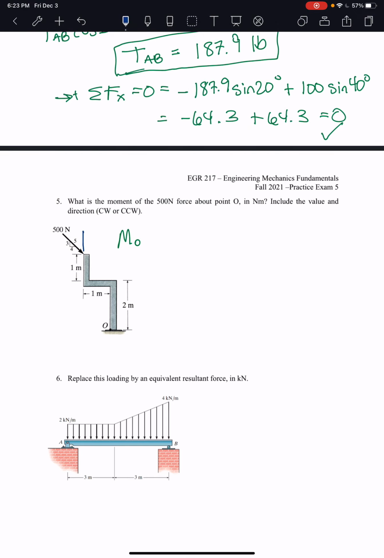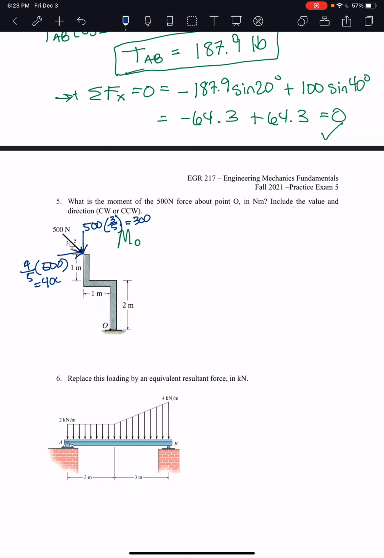We have this component, which would be 500 times 3 over 5, and then this component, which would be 500 times 4 over 5. This is the common triangles. 500 times 3 over 5 would be 300, and 500 times 4 over 5 would equal 400.